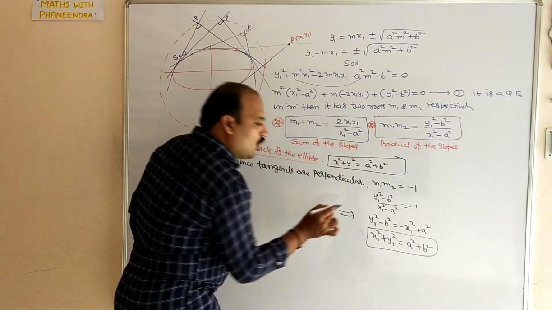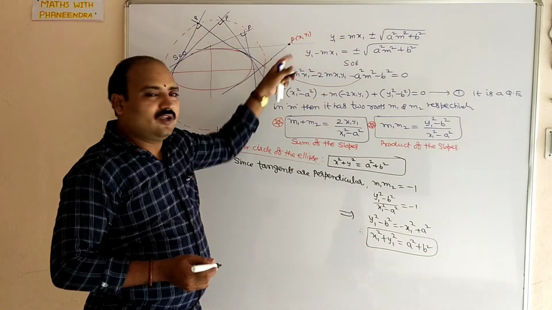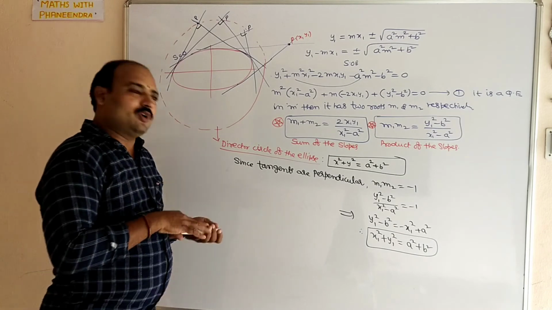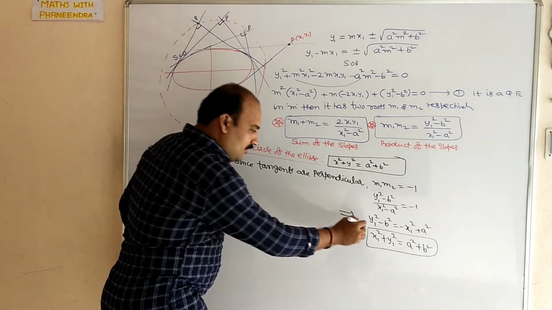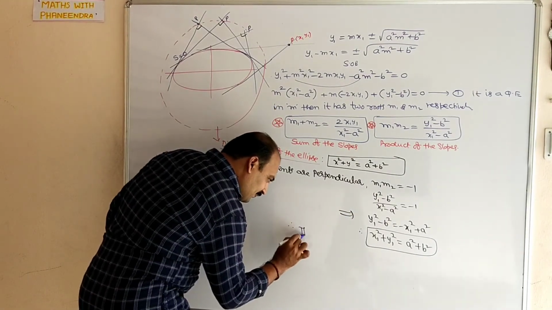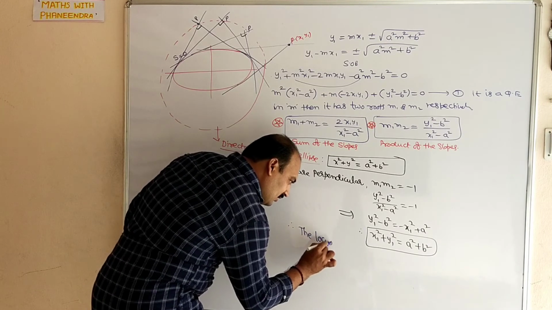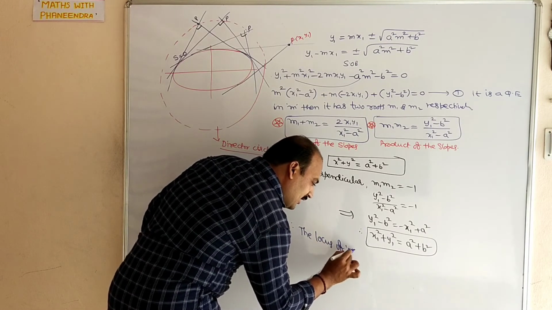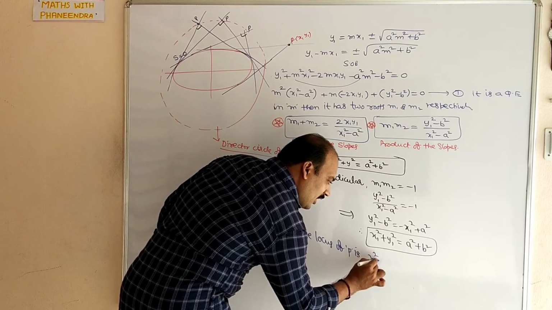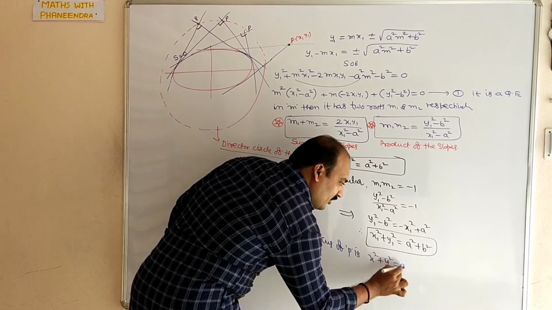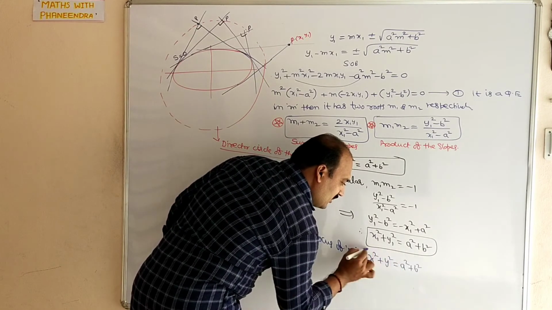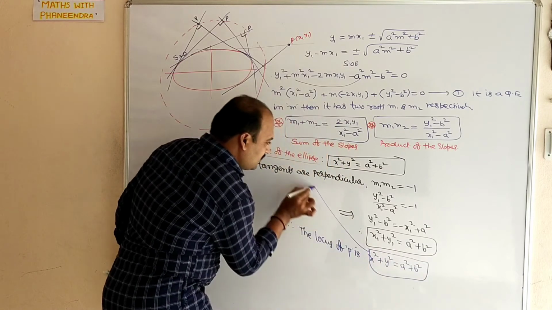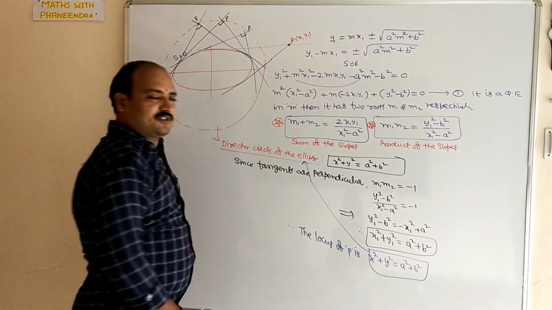Writing the locus of the point P, you get the equation of the director circle. So the locus of point P is x square plus y square equal to a square plus b square. This equation is called the director circle of the ellipse.